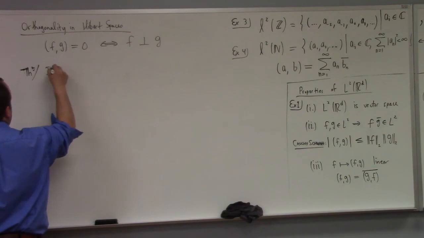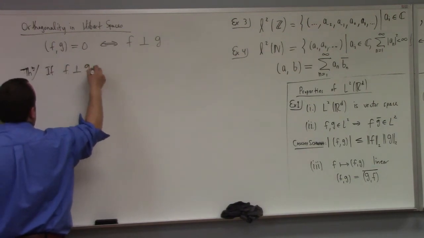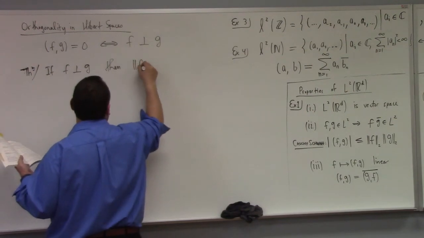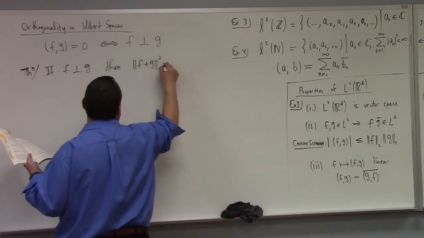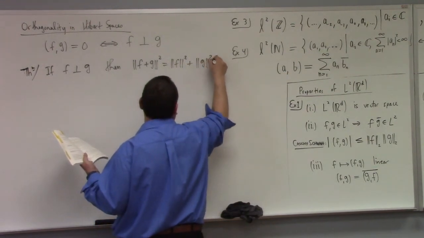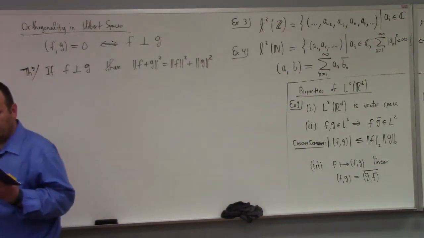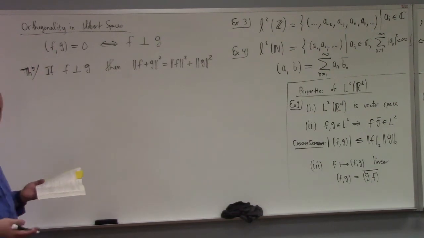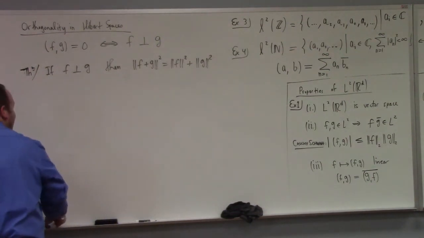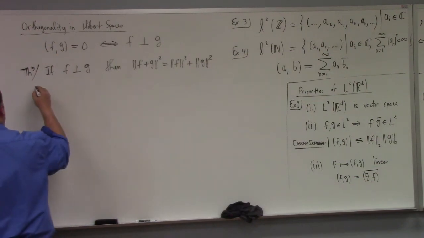If f is perpendicular to g, then the norm of f plus g squared is the norm of f squared plus the norm of g squared. This is a proof I will do today because it's just that easy. Also, this was on my linear test this morning, so it gives me joy.